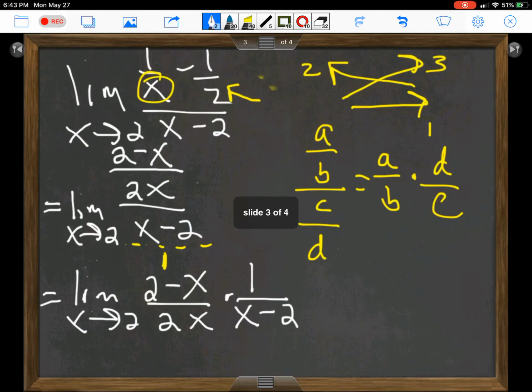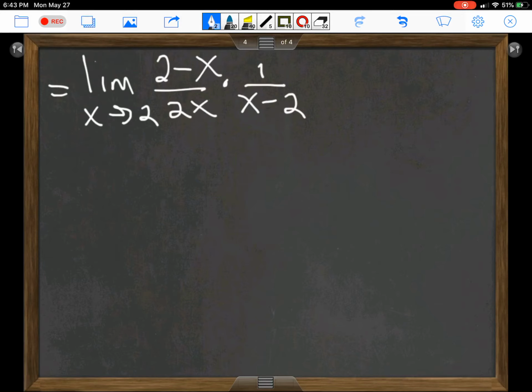And we're going to just double check 1 over x minus 2 is right. So we just have to keep checking, make sure that we're all right. Now, once again, if we did direct substitution here, we would still end up with 0 over 0. So that tells us there's something that we have to do. There's an additional step. And I'm going to show you this algebra that will help us in this problem.